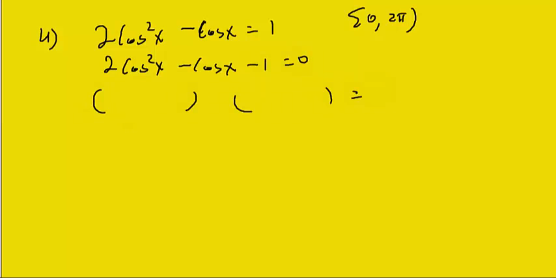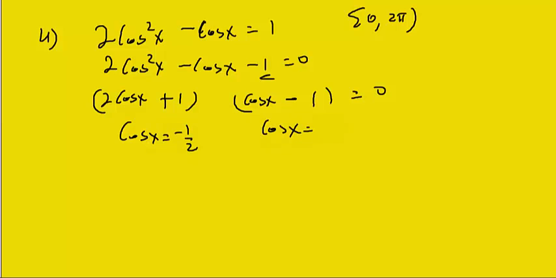When I factor, I'm going to have a 2 cosine x and a cosine x. Factors of 1 are just 1 and 1. I need to turn this into a negative and that into a positive, and it's factored. After I factor, I set everything equal to 0. Here I get cosine x is equal to -1/2. Here I get cosine x is equal to 1.